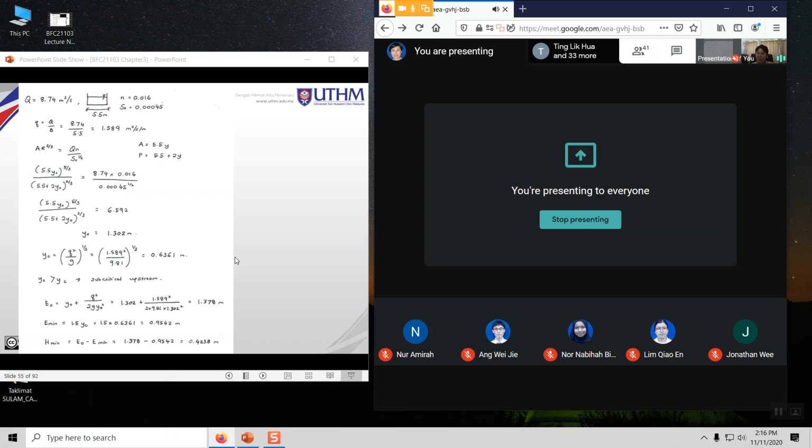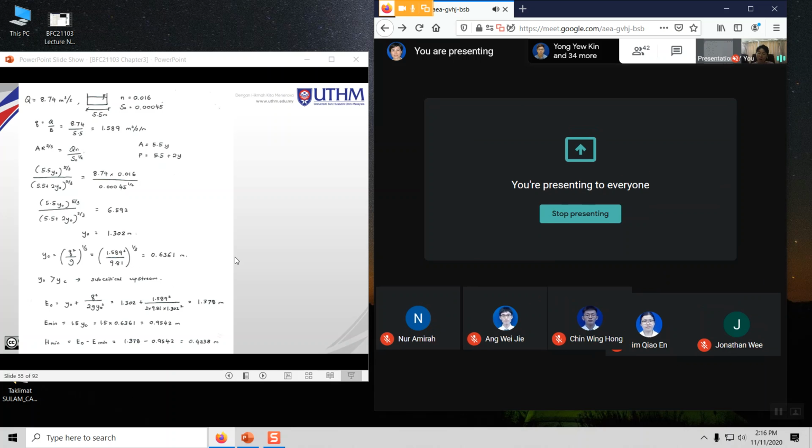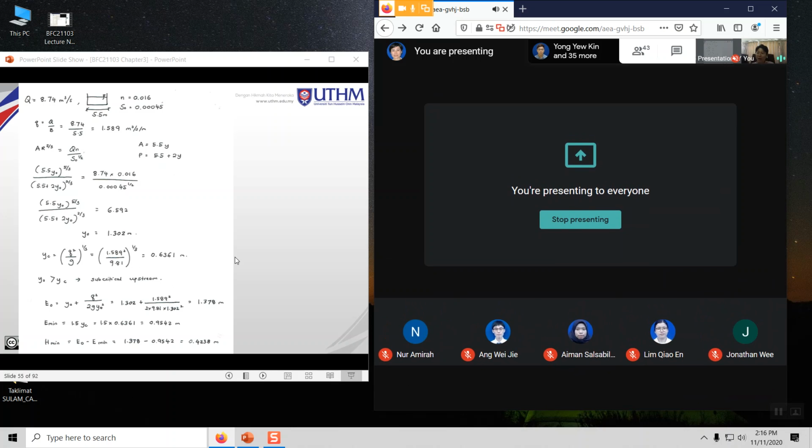Look at all my numbers, I'm using them to 4 significant figures. And then minimum specific energy is 1.5 Yc, or actually 3 over 2 Yc. So you have there 0.9542 meter.